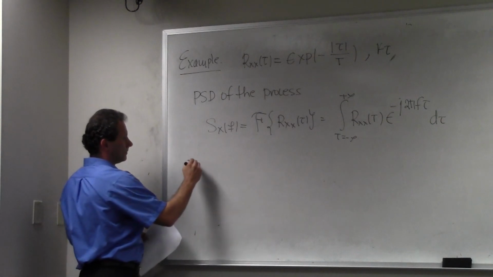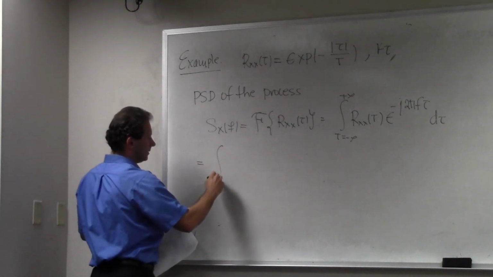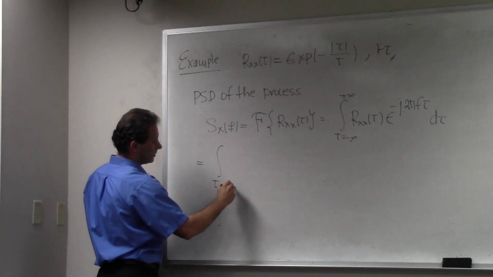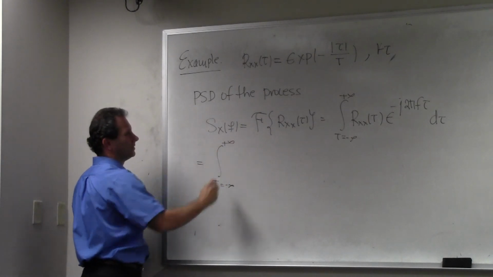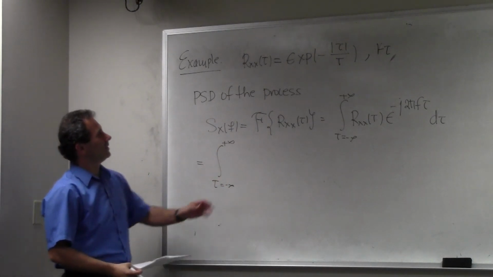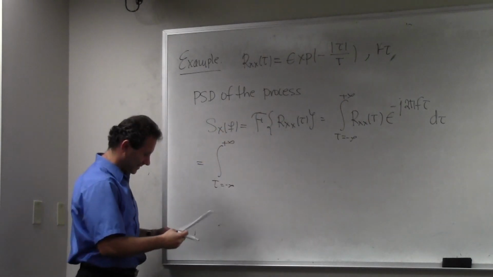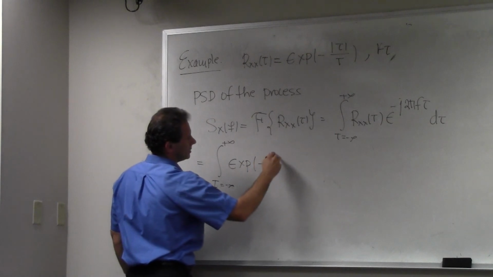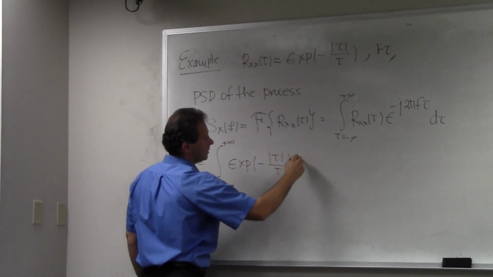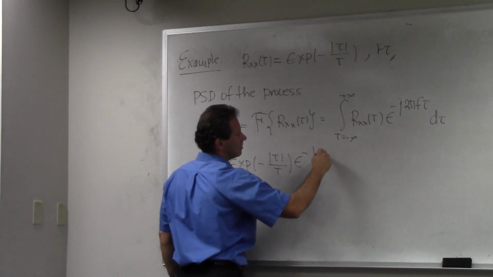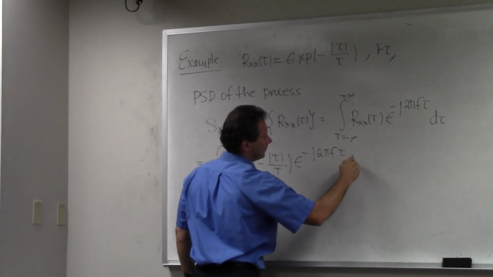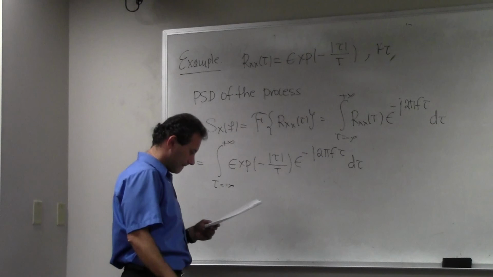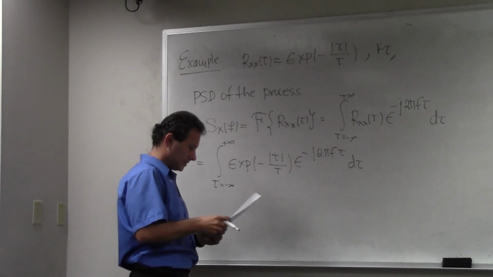And now the linear systems students are going to feel right at home. So let's put that in here. This becomes the integral of e to the minus tau over T, e to the minus j 2 pi f tau d tau. Let me see how I do this.